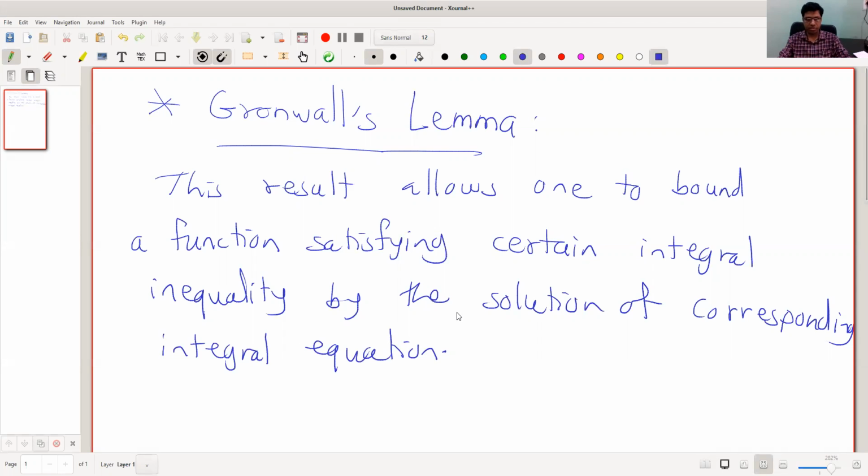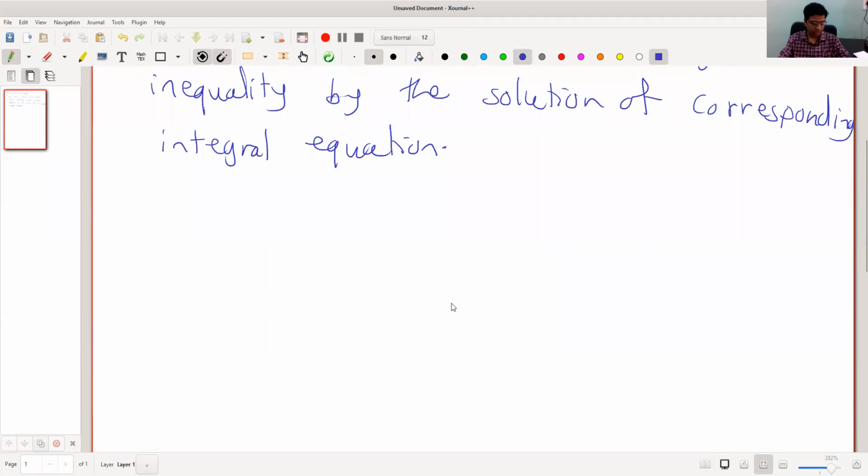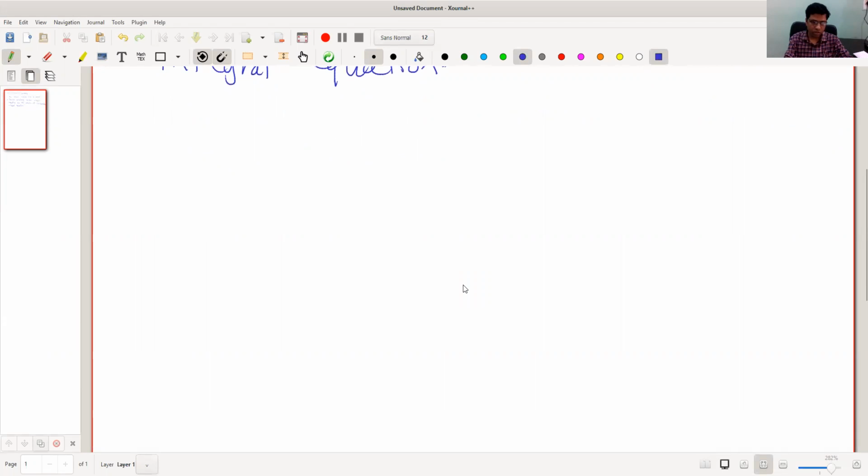There are various types of Gronwall's inequalities. Here we discuss very basic Gronwall inequality. So statement of lemma is as below.